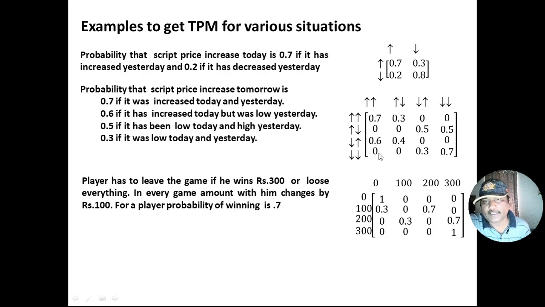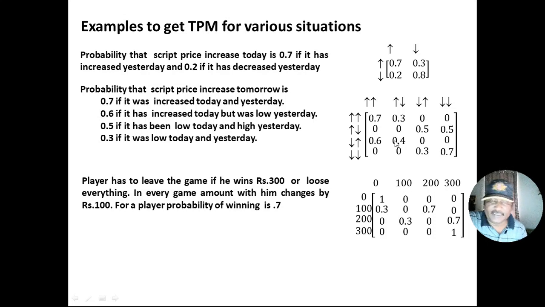So in the fourth row I have to write them again in the column where the share price decrease today is referred. This is share price decrease today, right? So the probability of increase in the share price tomorrow is 0.3. So here 0.3 is written, and therefore 0.7 is written here, and elsewhere 0 is written.